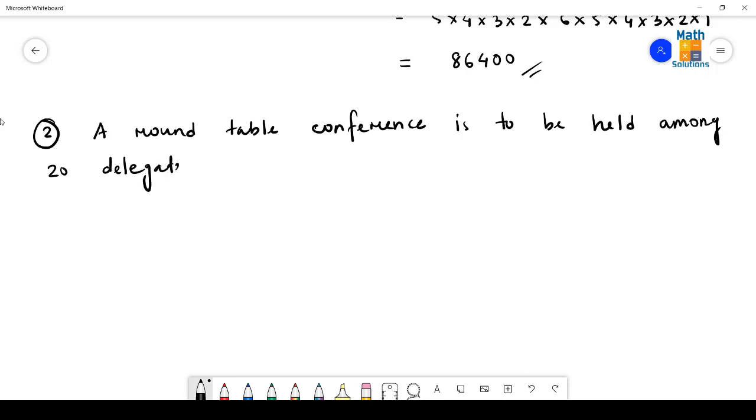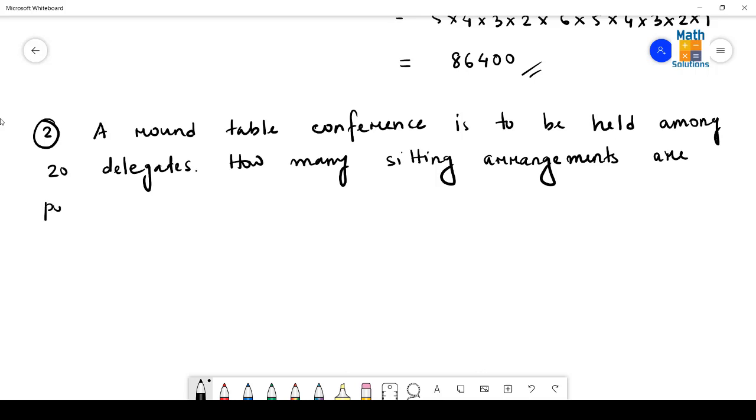Among 20 delegates, how many sitting arrangements are possible if two particular delegates always sit together.